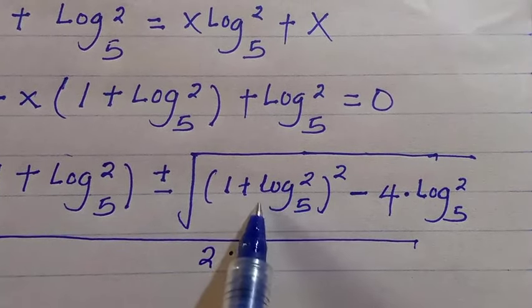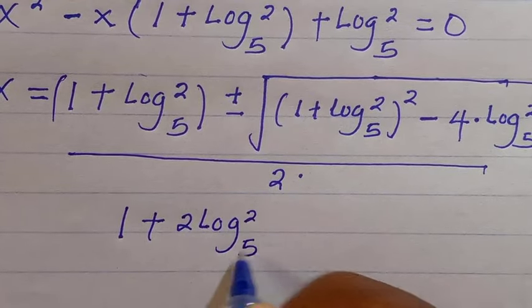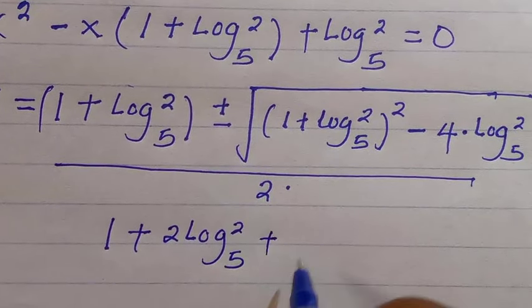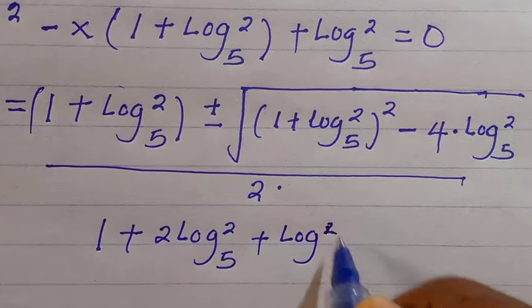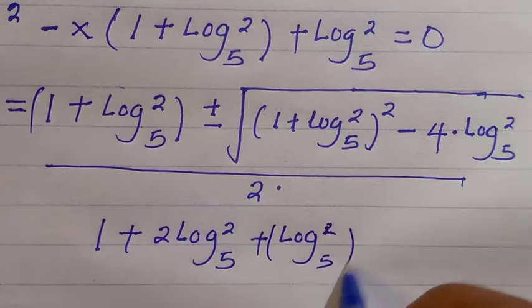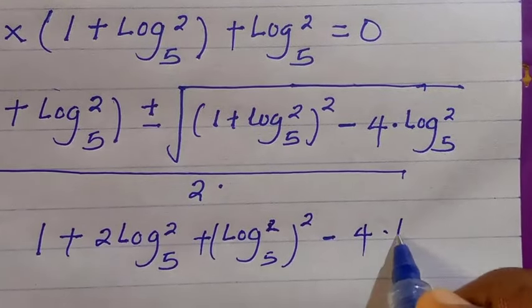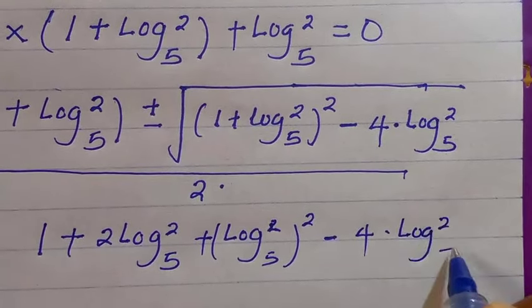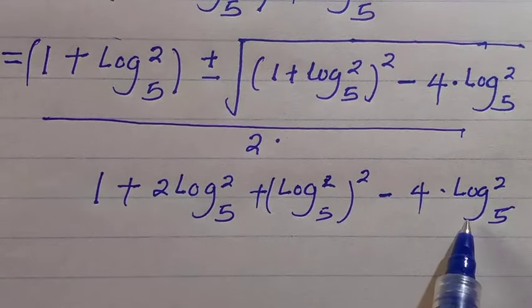When we expand this, we have 1 plus 2 log 2 base 5 plus log 2 base 5 all square, then minus 4 dot log 2 base 5. So here and this are the same.